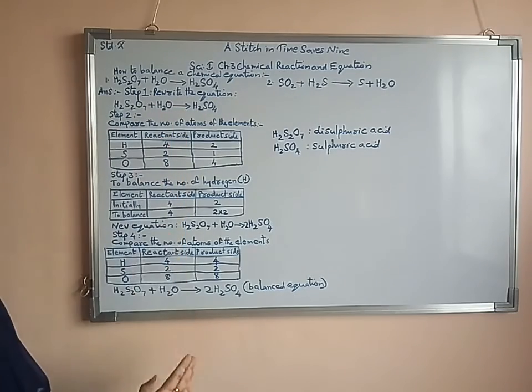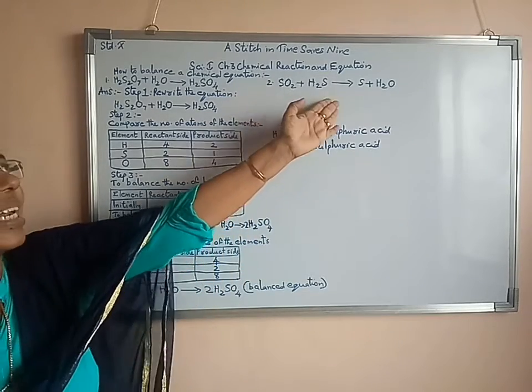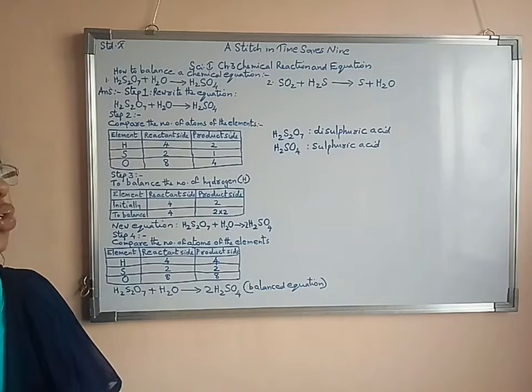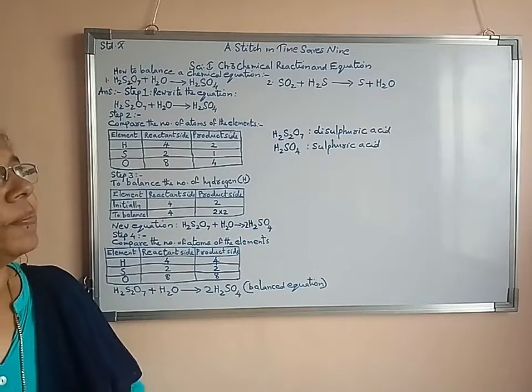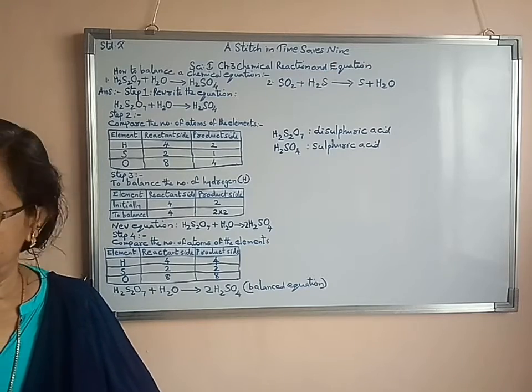So the first sum, the first equation, we have already balanced. Now we need to balance the other equation, that is SO2 plus H2S gives rise to S plus H2O.